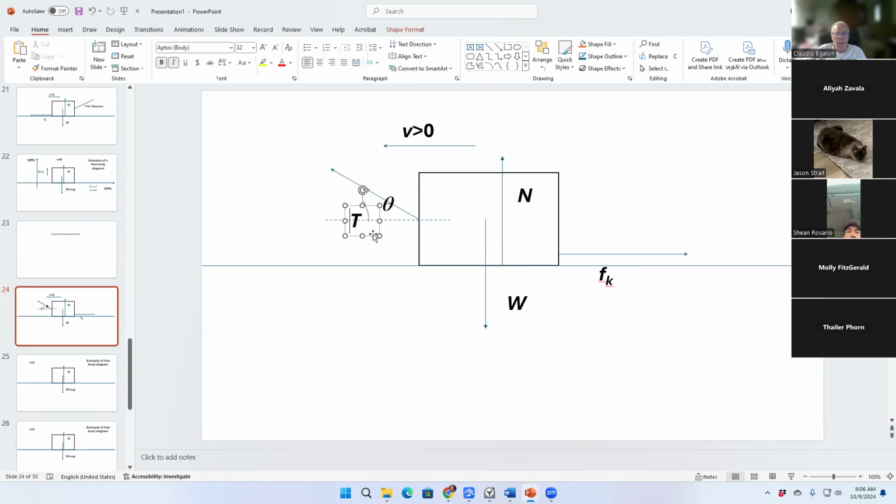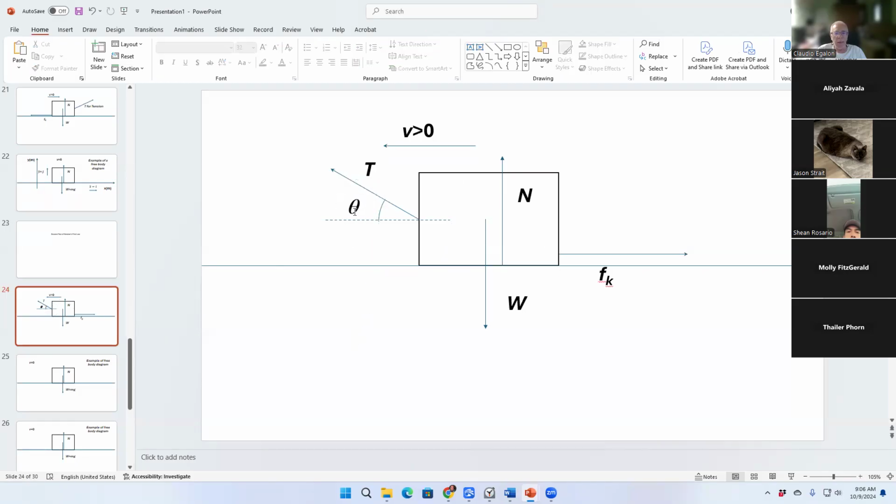The tension I'm going to put here at the top so it doesn't overlap. Okay, so here we go. Go ahead, draw it in your paper. It's very important that you practice it on your own.